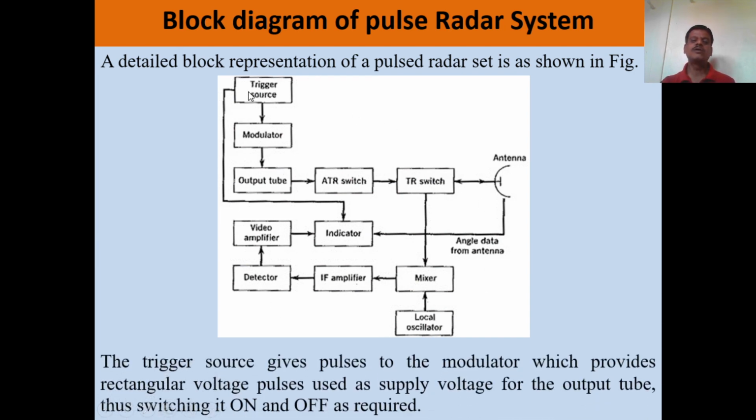First of all, this is the trigger source, and the function of this source is to produce the pulses, and those pulses are given to the modulator, and the modulator provides the rectangular pulse voltage, which can be used as a supply voltage for the output tube.